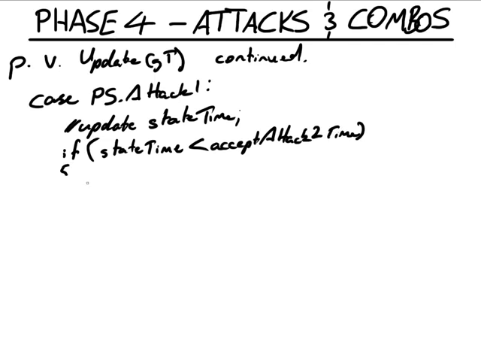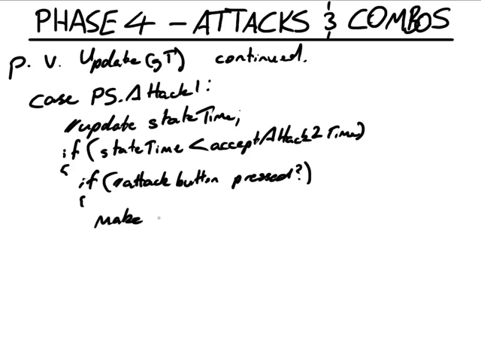So we'll put here, if they've done that, how we write that, we'll put if attack button pressed, and if it is, what do we do? We set make combo equal to true. That's all we need to do there.